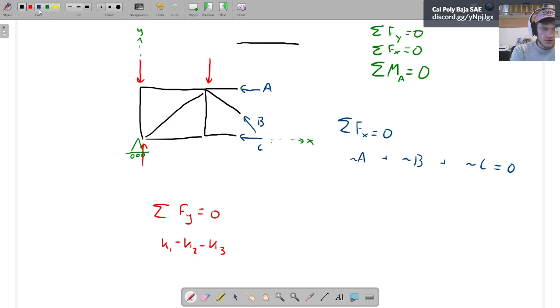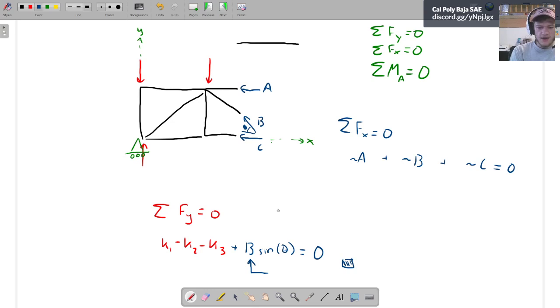And then all we have to add from there is plus B times sine of theta, if I call this theta, equals 0. And now I have one equation with one unknown. So I only have to plug one thing into my calculator, and I'm done with this problem.